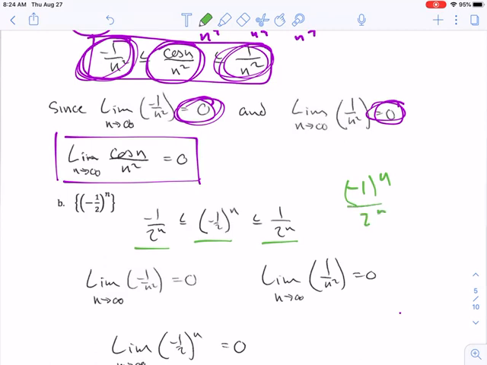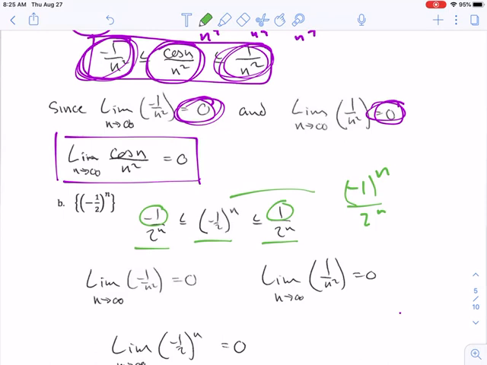So that's another way that we could write this, -1 to the n over 2 to the n. The numerator is alternating in sign between positive and negative. The denominator is 2 to the n. It's getting larger, but the numerator is always shifting back and forth between -1 and +1. So that means that the numerator is always going to be between +1 and -1.